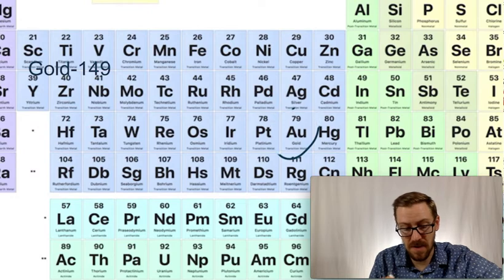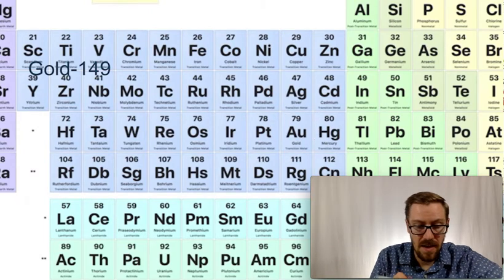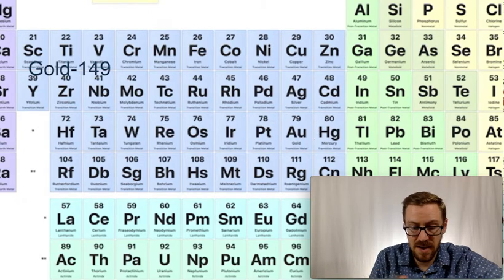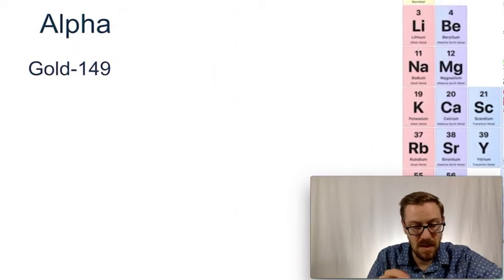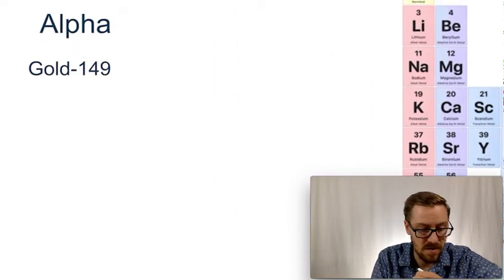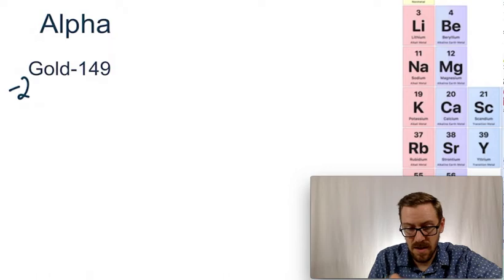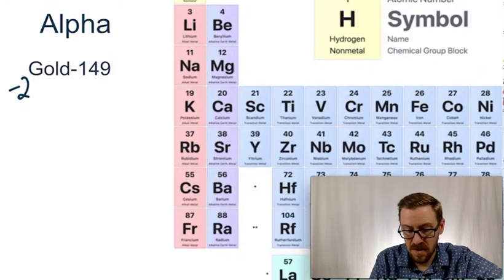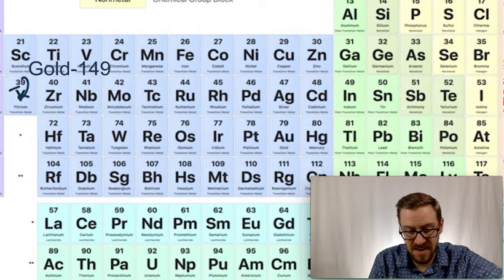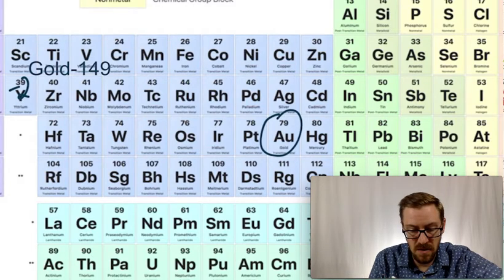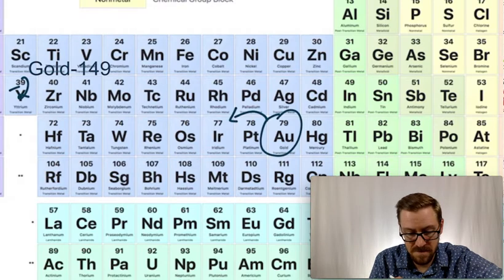Okay, hopefully you paused and you were able to figure it out. When you find gold 149, the atomic number goes down 2. And so when we look at our periodic table, gold is at 79. So it would go down to iridium.